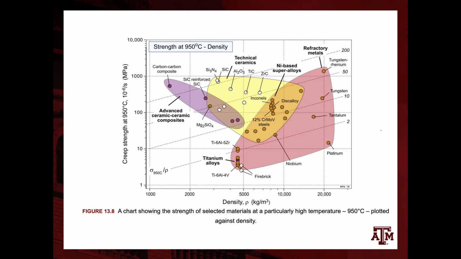In this bubble chart of materials, we can see the strengths at around 1000 Celsius.